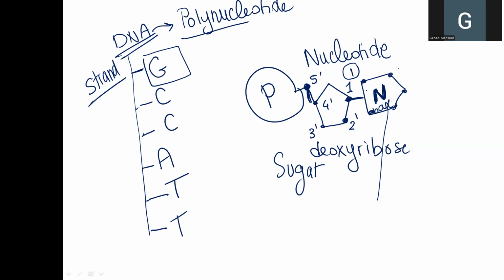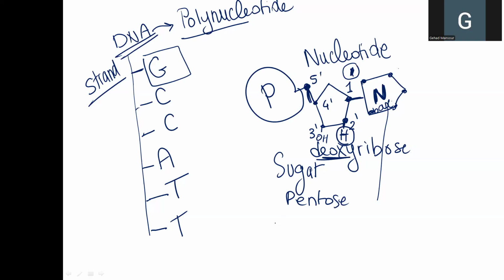So in order to differentiate between them, we put this prime mark. It is a deoxyribose because instead of having OH at carbon atom number 2 prime, it only has an H. So it has a missing oxygen, and that's why it is called a deoxyribose.